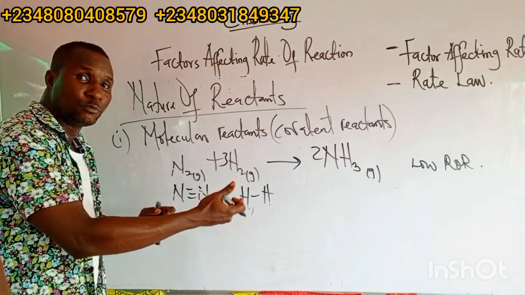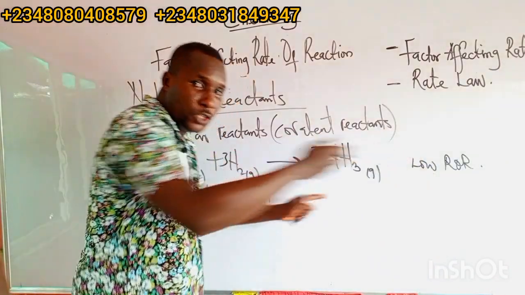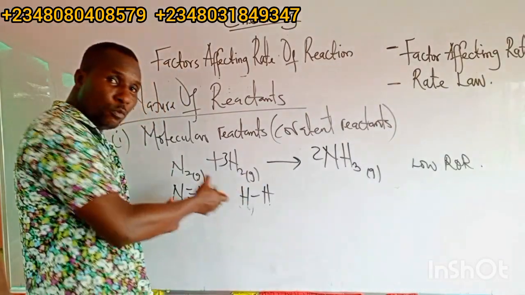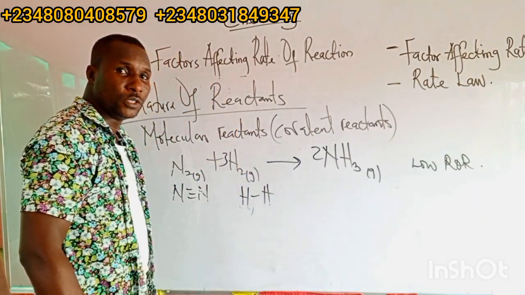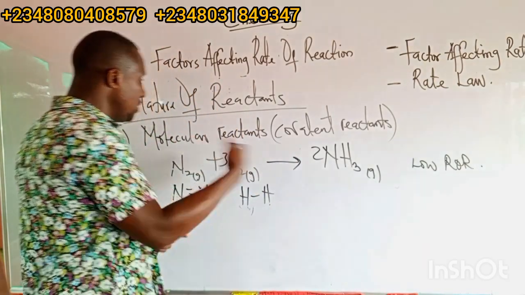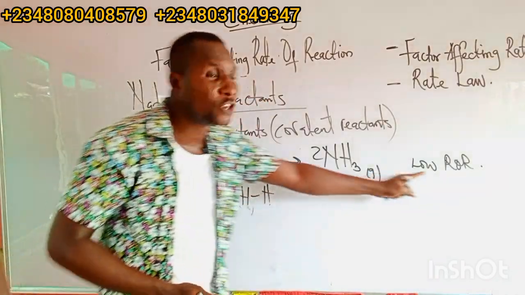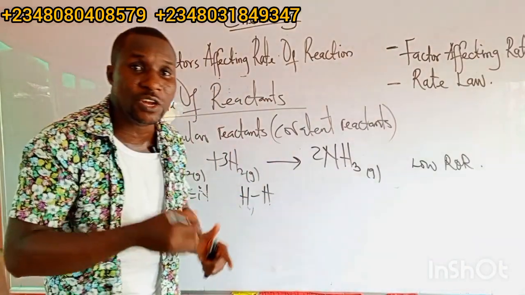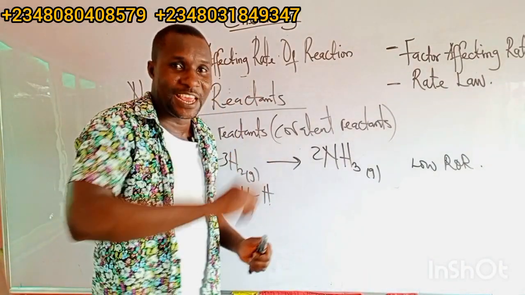The bond will take time to break before they can form new bonds and combine with each other. That means if the reactants are molecular or covalent reactants, the rate of reaction will be very low. But if the reactants are ionic reactants, the rate of reaction will be very high.